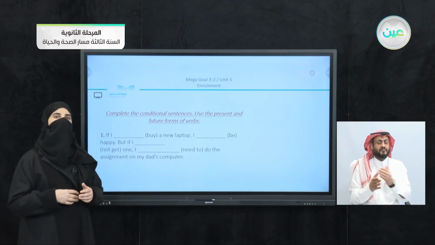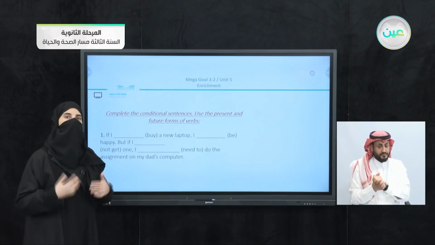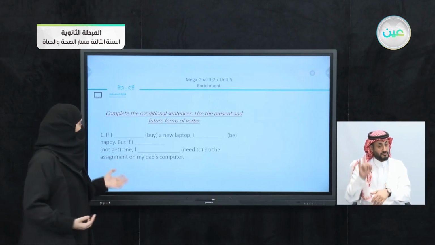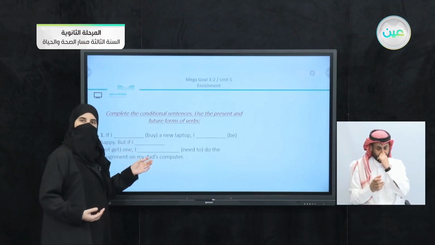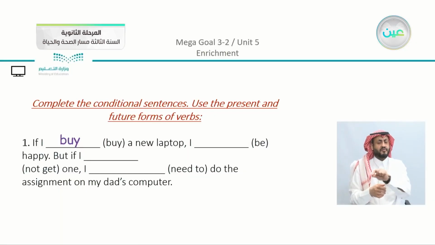Do you think that we need to change anything? What is the pronoun used? We have I. So we have if I buy a new laptop, and actually there is nothing to change. We have buy. I be happy. Now can you say I be happy? Let's complete our sentence: if I buy a new laptop, I will be happy.